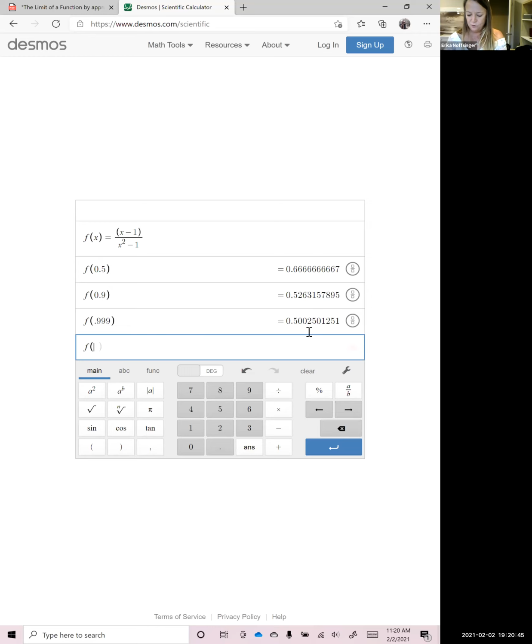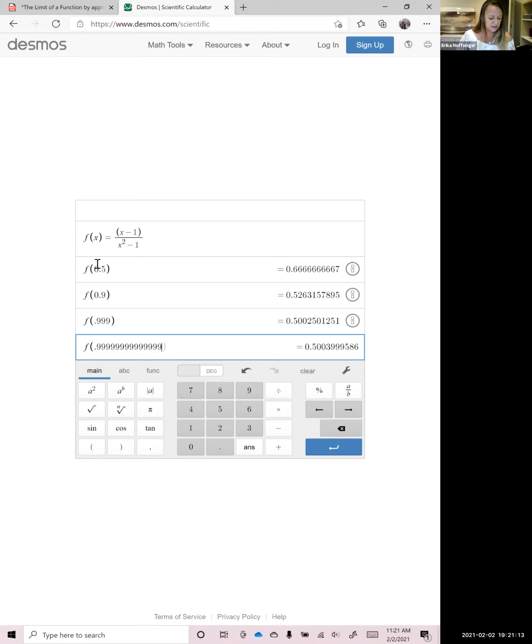So if I did f of 0.99 and go out even further, notice that the more 9s I put in after that decimal, the closer I get to a half. So I could pretty much see that this is going to 1/2 on the left-hand side. But that's only the one side of the limit.